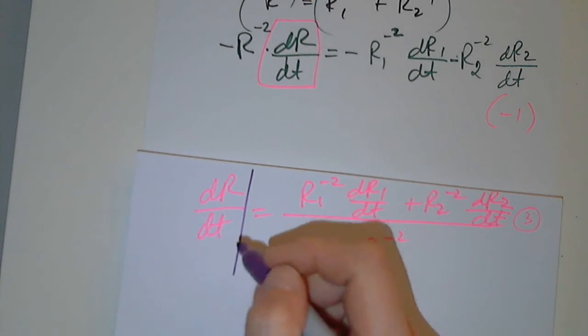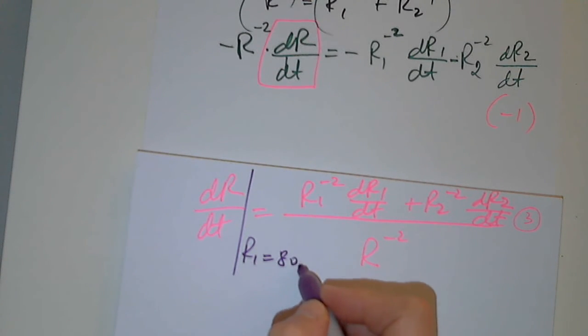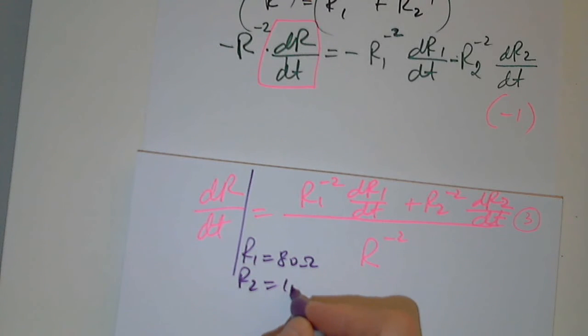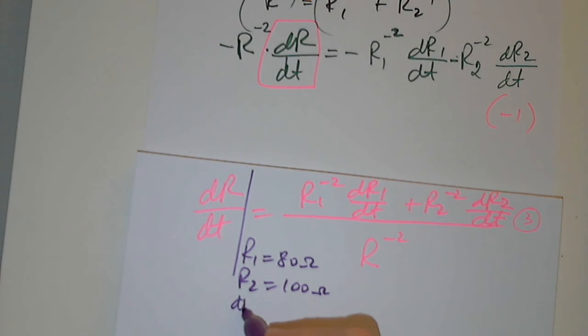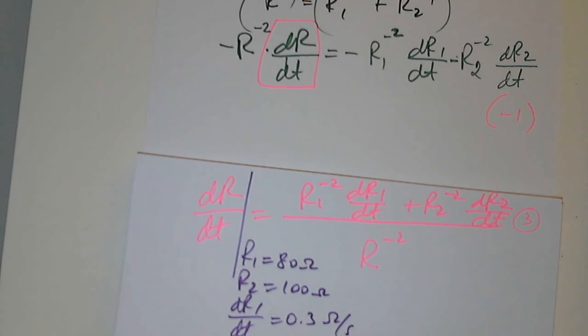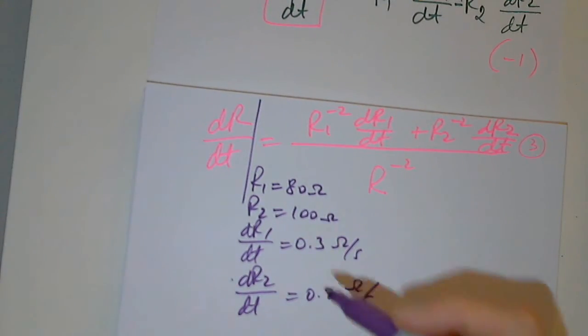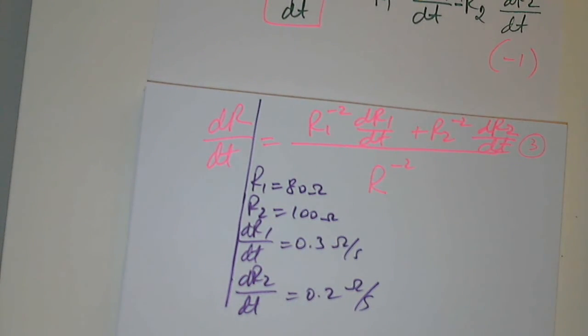And we're told that R1 equals 80, R2 equals 100. We are also told that dR1 over dt equals 0.3 and dR2 over dt equals 0.2. All these are given to us. You don't have to write all of them, I was just making a point.